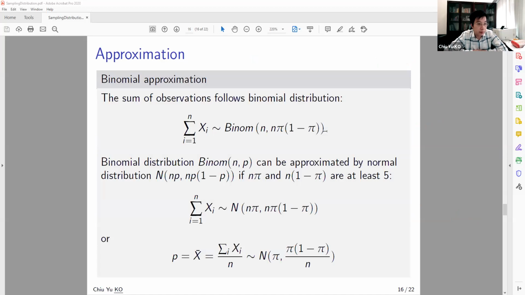The proof is just the sum of these observations. If this is 0 or 1 data, that is a binomial distribution with, sorry, typo, it should be n pi. And then we say this binomial can be approximated when it is at least 5.